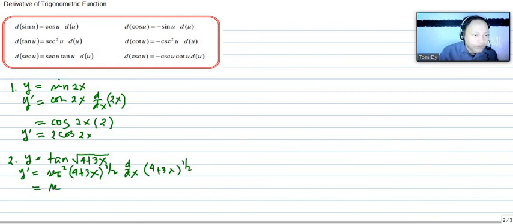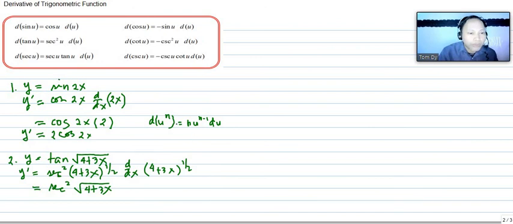So we have secant squared of the square root of 4 plus 3x, and then the derivative of 4 plus 3x raised to 1 half. This is the derivative of u to the n, following the formula for the derivative of u to the n, that is n u to the n minus 1 du. That is the power rule. So you have your exponent as your n. This is 1 half. So we will just follow this rule.